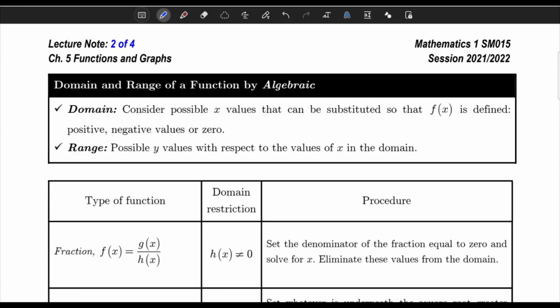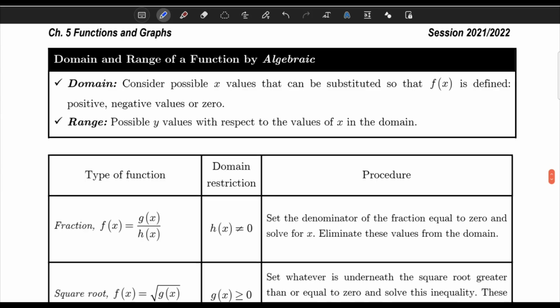Right, domain and range of a function by algebraic method. So domain, we are going to consider possible values of x for which f(x) is defined, positive, negative values or 0, and then range the possible values of y with respect to the values of x in the domain. Right?